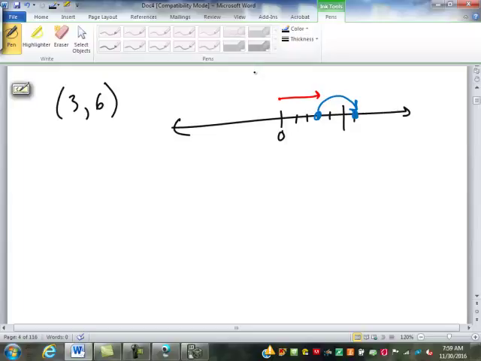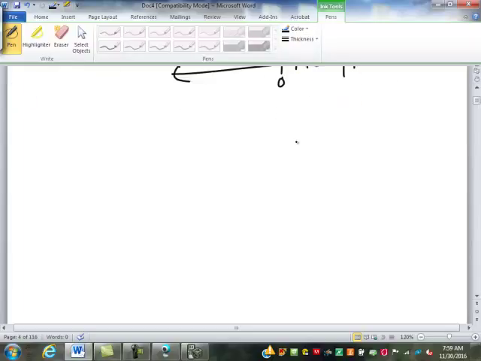So what happened is a man by the name of Descartes took that concept of a number line and said we can take two number lines and set them perpendicular to each other.